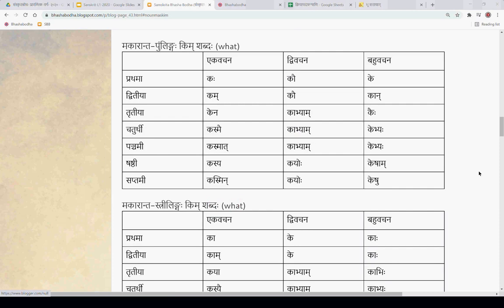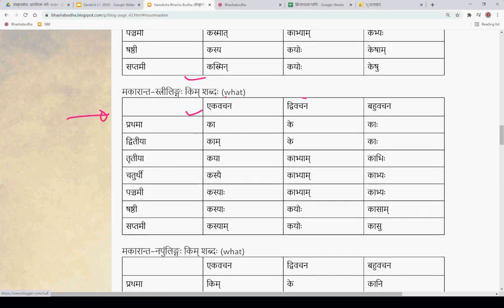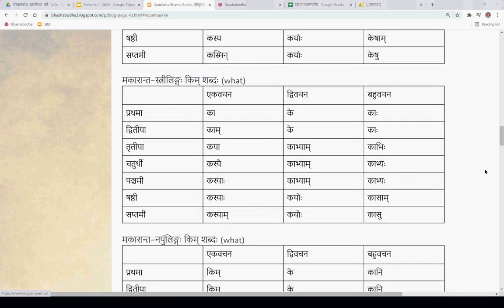So look at this Kim, and you see the Pullinga forms in the Pullinga table here: Kaha, Kau, Ke, Kam, Kau. This is Dvivachana, Bahuvachana. So Kaha is Pratama vibhakti, Kena is Tritiya vibhakti, and Strilinga also: Ka, we have Kam, Dvitiya, Kaya, Tritiya.